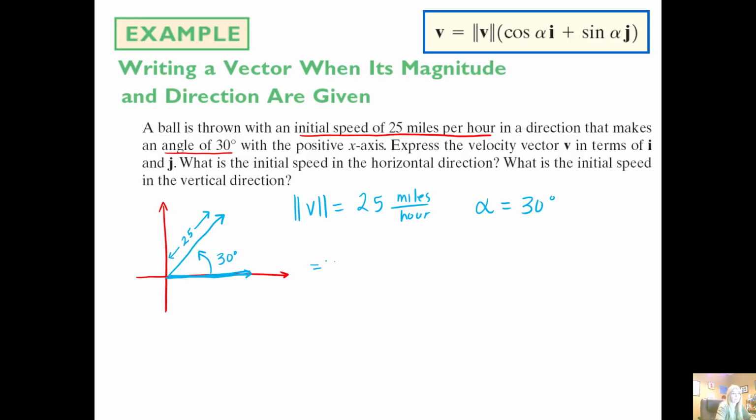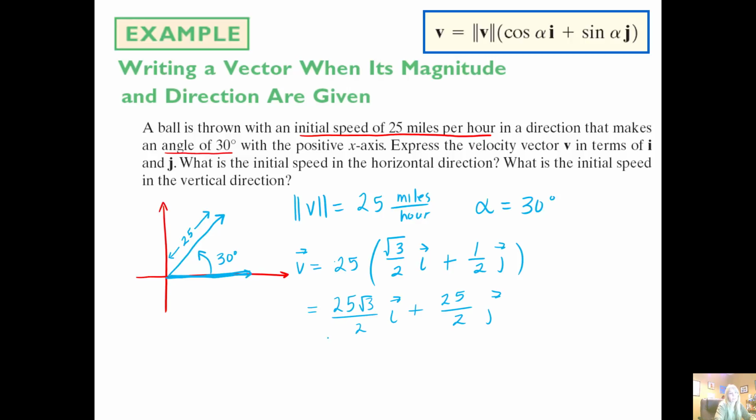So that would be 25 times the cosine of 30 degrees, which is the square root of 3 over 2, plus the sine of 30 degrees, 1/2. Typically you separate these to write your vector with the i component and the j component. So I'd have 25 square root of 3 over 2 plus 25 over 2.